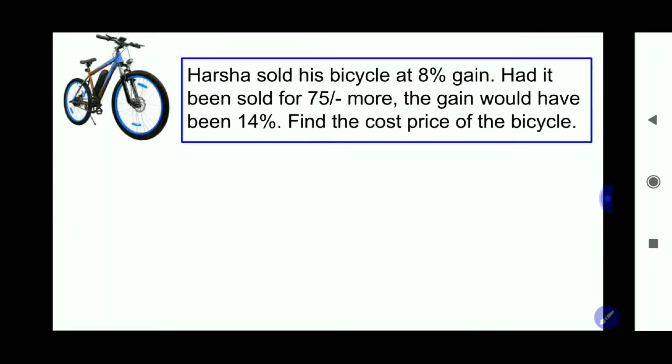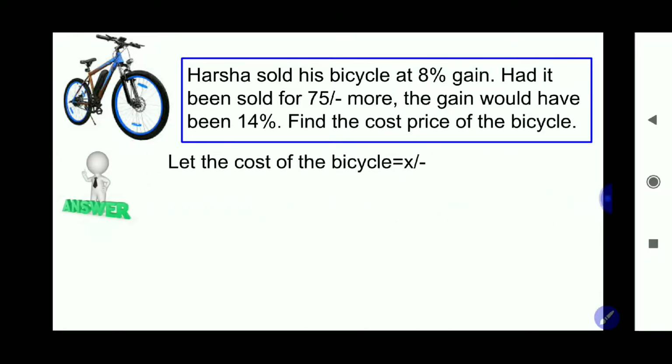Now one more question. Harsha sold his bicycle at 8% gain. Had it been sold for 75 rupees more, the gain would have been 14%. Find the cost price of the bicycle. We don't know the cost price, so let the cost price of the bicycle be X rupees.